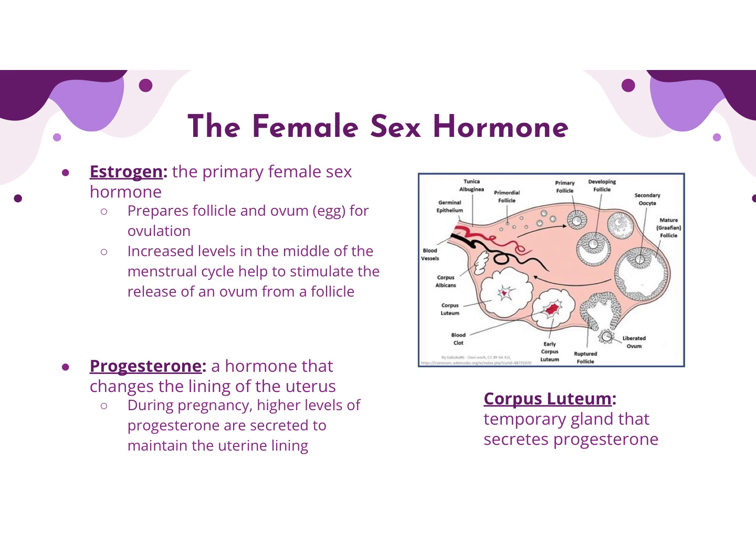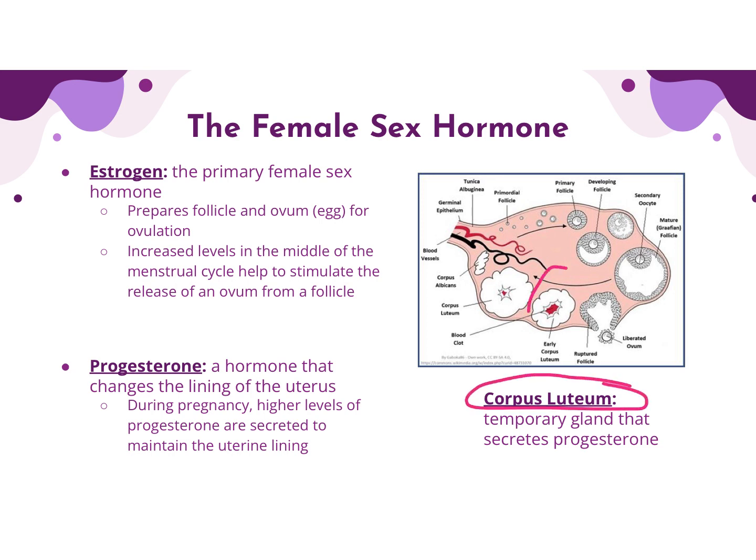Progesterone is a hormone that is responsible for changing the lining of the uterus. We see progesterone levels fairly low in the first half of the menstrual cycle, and we don't really see progesterone start to increase until the second half of the menstrual cycle because it is secreted from that temporary gland, the corpus luteum.